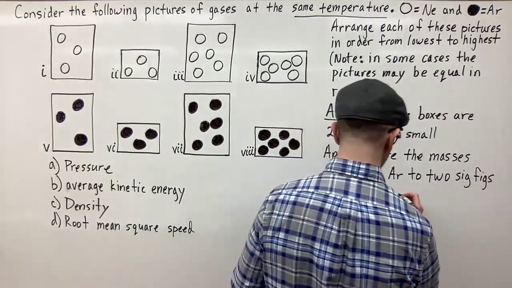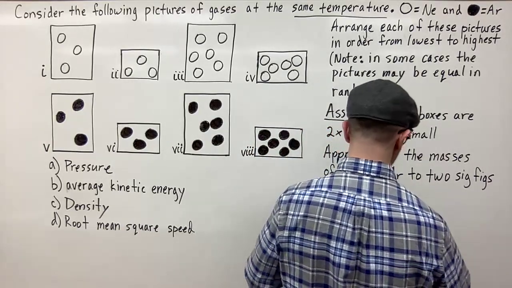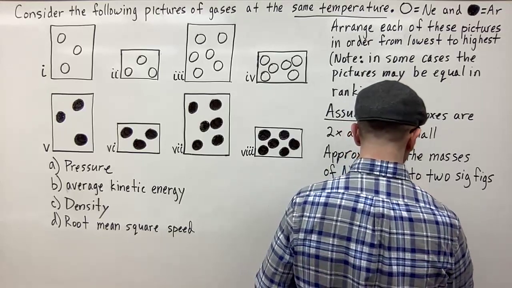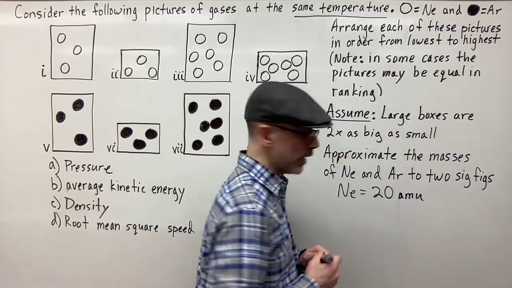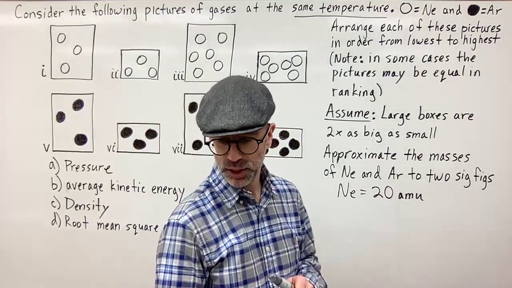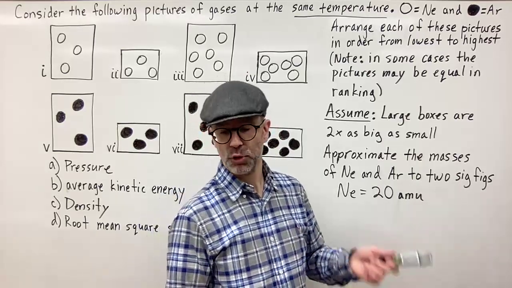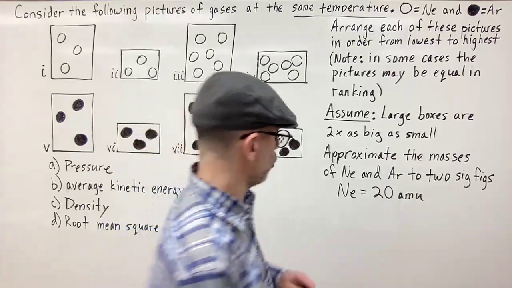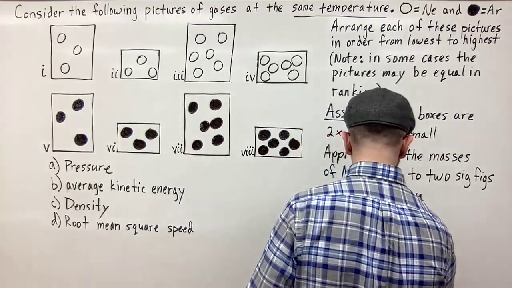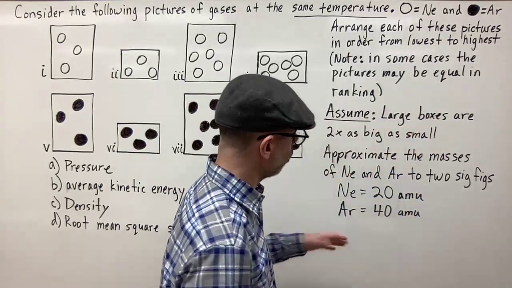So grams per, or we could say AMU for atomic mass units, or grams per mole for molar mass, right? So AMU. And if we look at argon, which is just below neon, that's going to be 39.95, but we want to round that to 2 sig figs. So 39.95 is going to be 40. So argon is equal to 40 AMU, or 40 grams per mole.